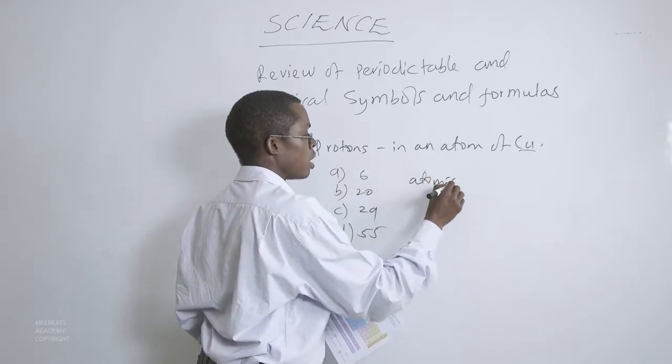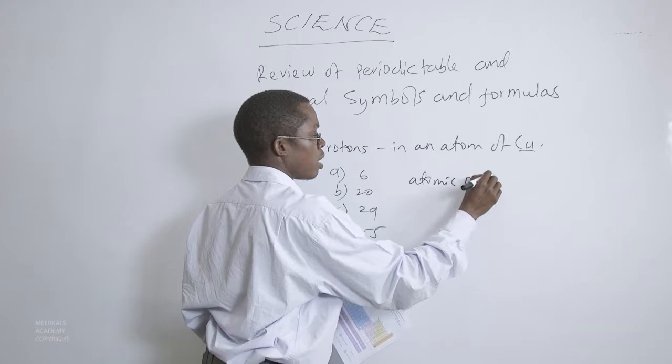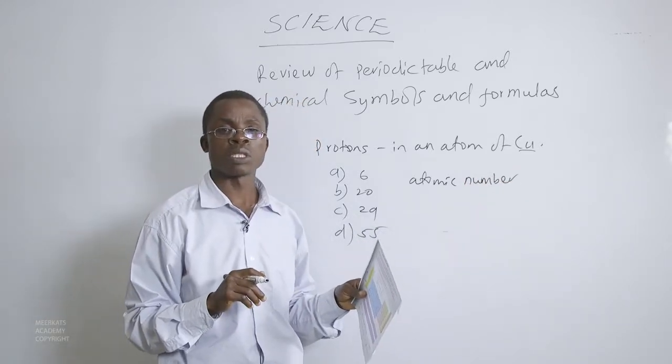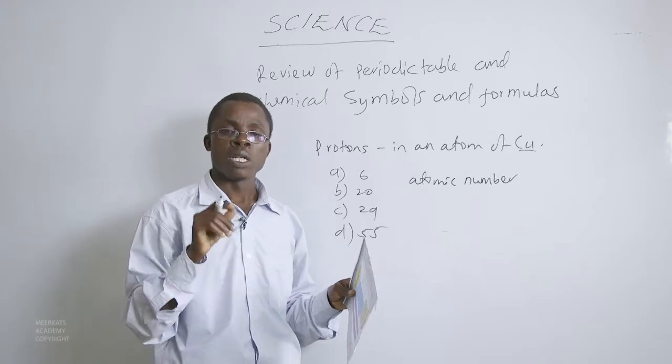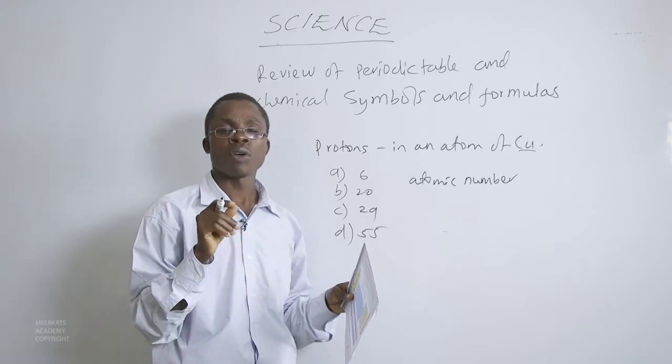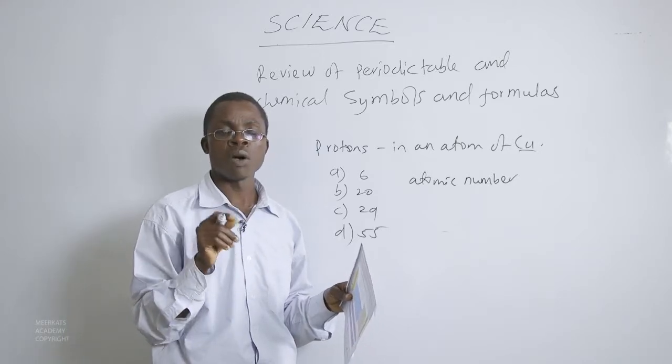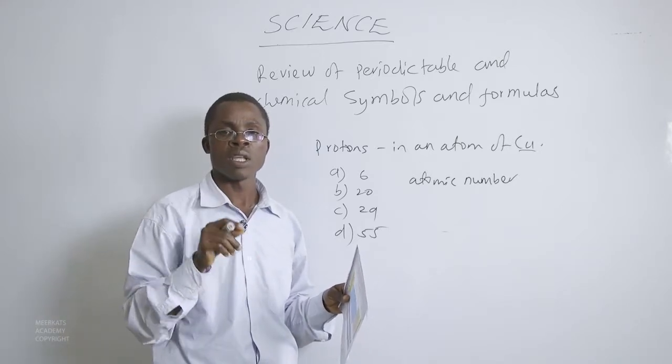From the atomic number, one can get the number of protons. How? The atomic number of any element is always given by the number of protons in that particular element.